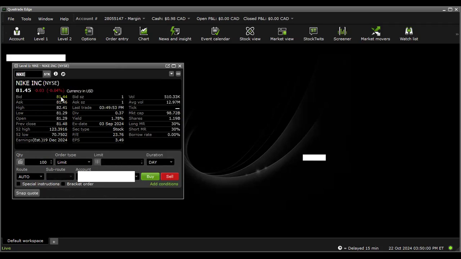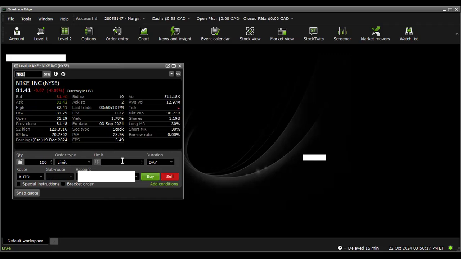The way we presented before, it was 81.7 in our example, but at this point it is at 81.44. So you can use that market price.